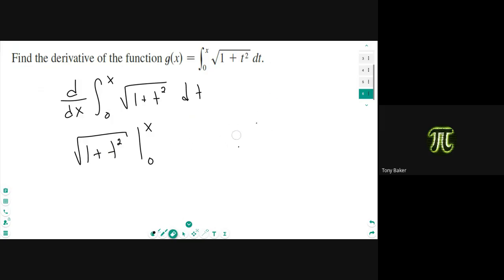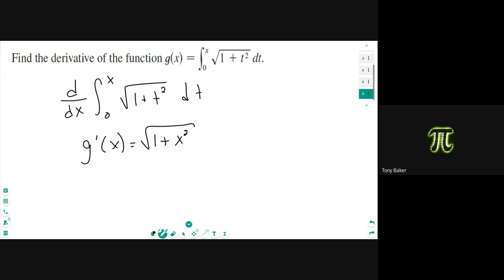So we're not technically evaluating it. We're just going to plug it in. So then the derivative of that function is 1 plus x squared. That's it. The only reason I'm showing you this one is because it shows up in Alex, and I'm not sure if I removed this topic.